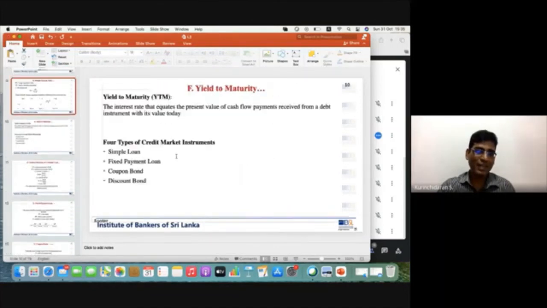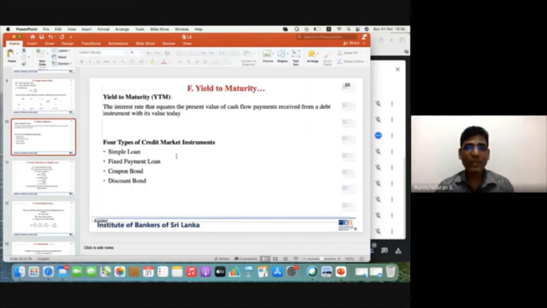I'm going back again to make it clear, right? Yield to maturity, we are discussing under 4 types of loans. One is the simple loan, another is the fixed payment loan, another is the coupon bond, which we have discussed. The only thing is that the simple loan, fixed payment loan and coupon bond have maturity, but there's another coupon bond that has no maturity, that is called a consol.